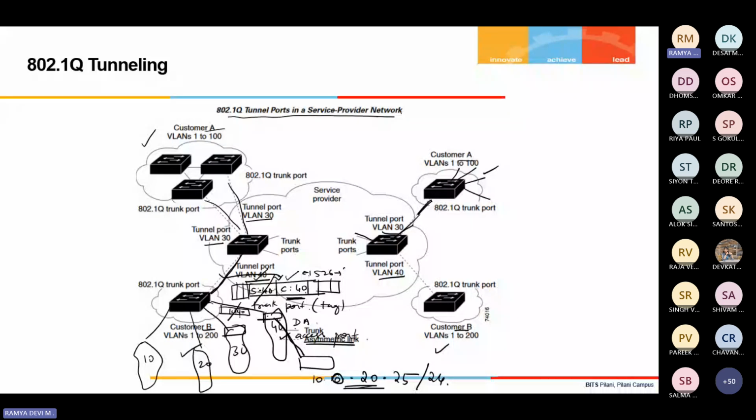The edge switch will be sending the customer tag to the internal switch. This switch will identify to which network the packet belongs. It discards the tag information and sends the actual frame to the destination. Fine. Any doubts, ma'am?